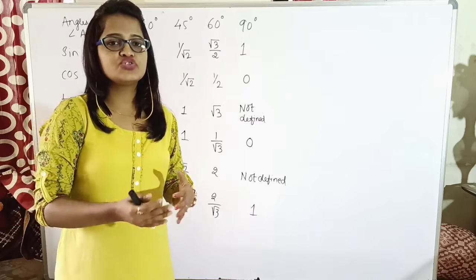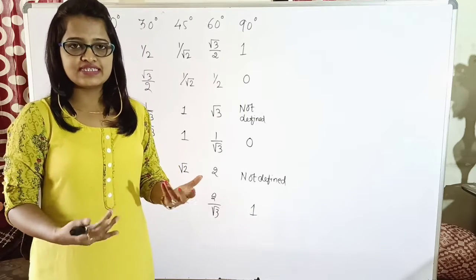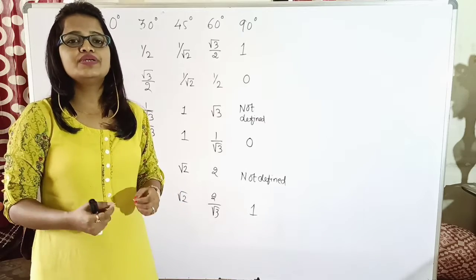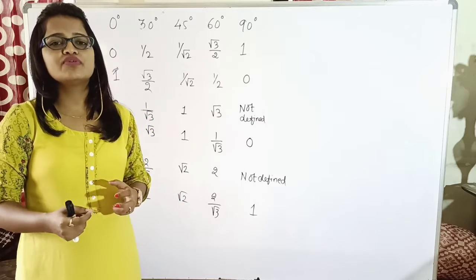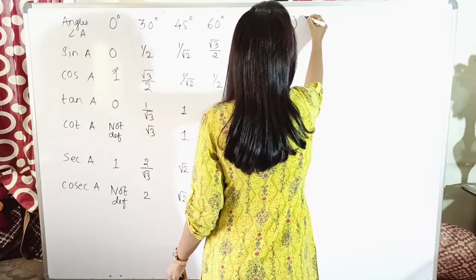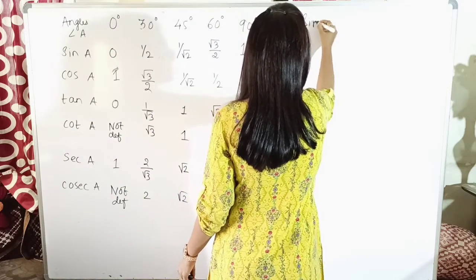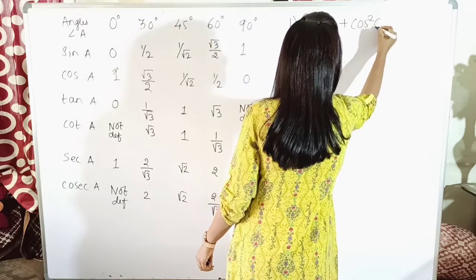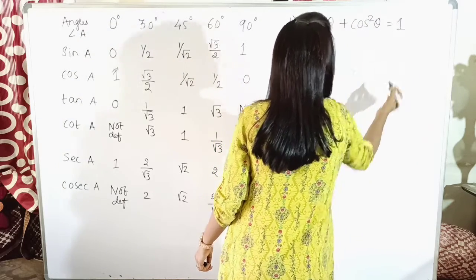For algebraic identities, it is true for all values of the variables, that is x and y. Similarly, in the case of trigonometry, it will be applicable for all values of theta. So the first trigonometric identity is sine square theta plus cos square theta is equal to 1.